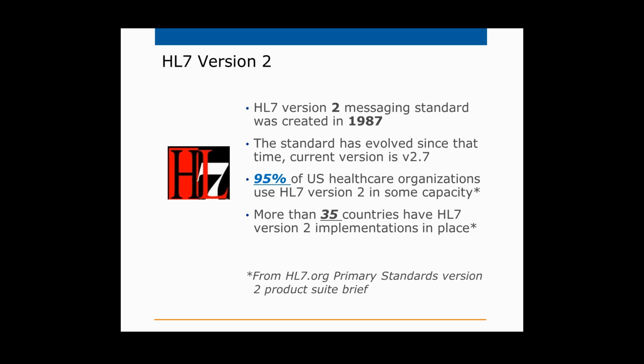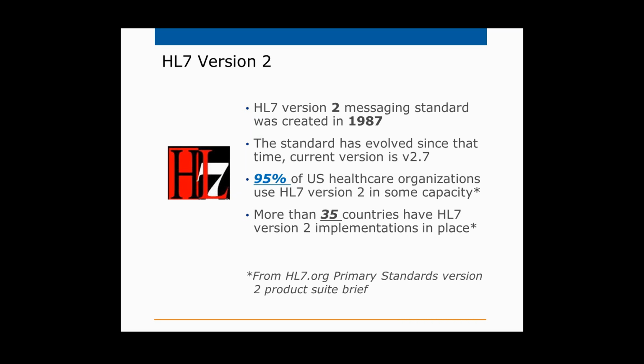The base version 2 itself was created in 1987, and it has evolved quite a bit since that time. Although we're talking about version 2.5.1 today, the current version of HL7 in the 2 family is version 2.7. So there are some versions after 2.5.1, but again, today we'll be focusing mainly on version 2.5.1.